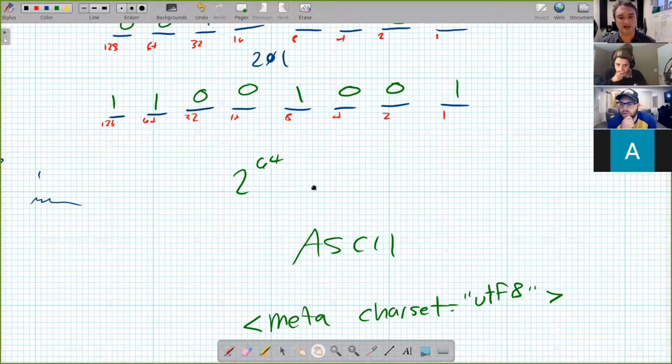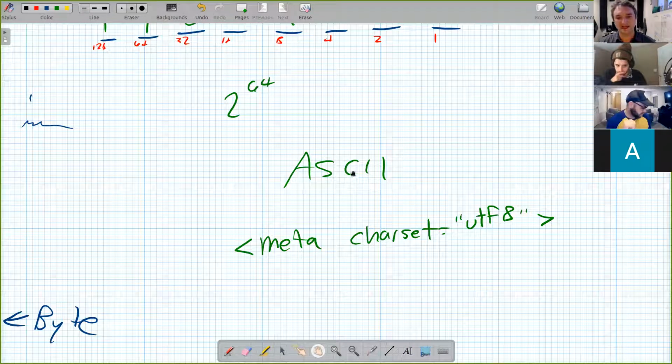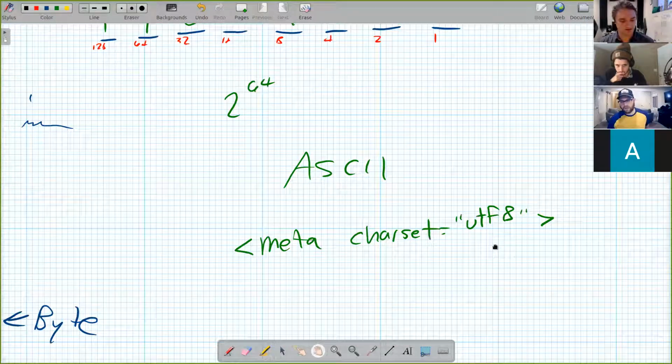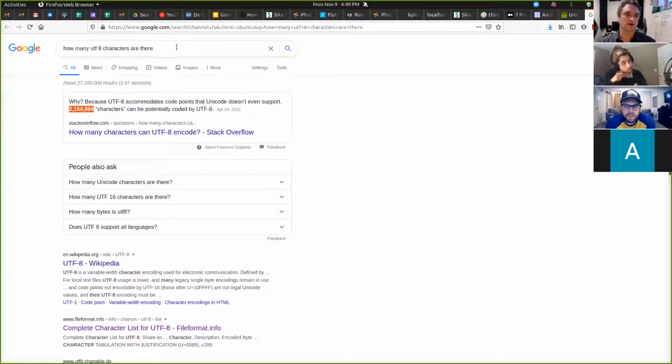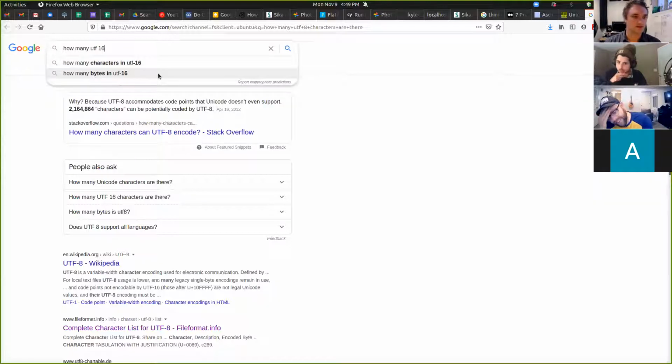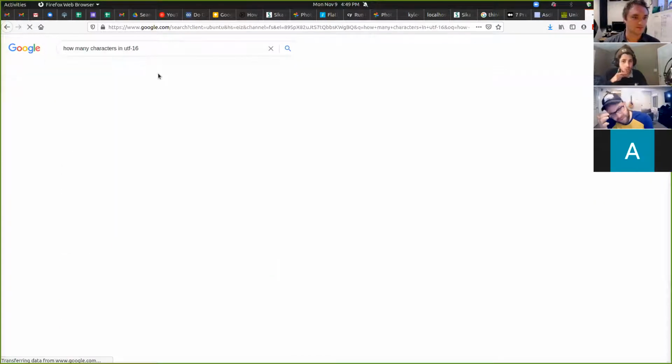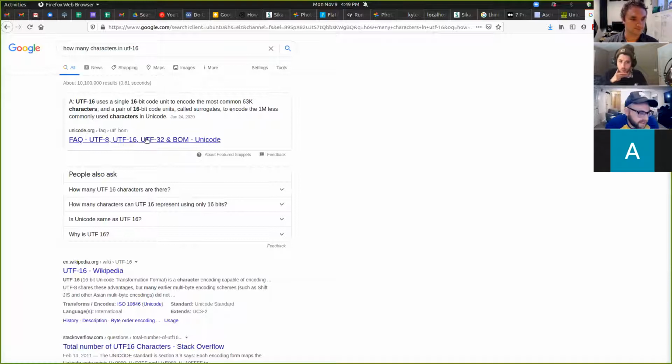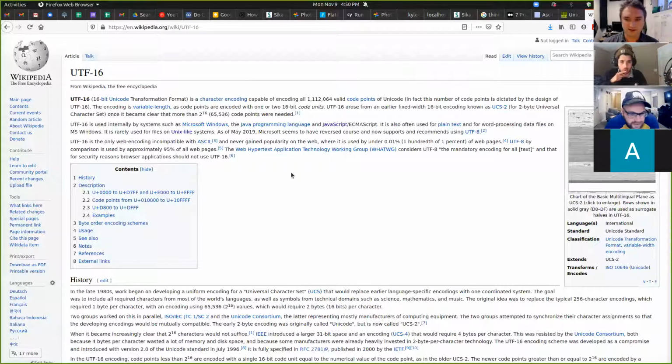Once upon a time, we had ASCII, and then we extended it to UTF-8. There's also a UTF-16. And if you remember, that's not twice as many characters. It's more like billions more.